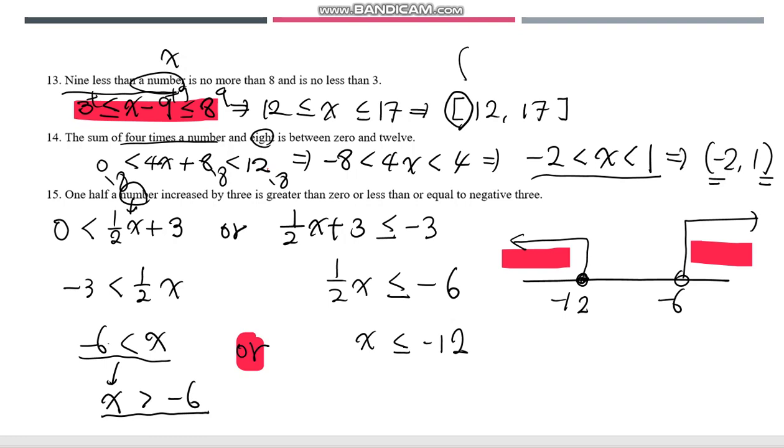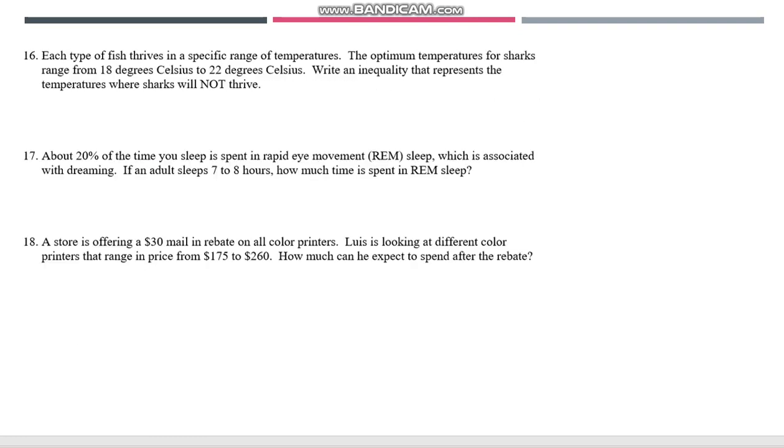All right. Now, last 3 problems are word problems. So these might be a bit hard, but you just need to read it carefully. Okay. Let's read together. Each type of fish thrives in a specific range of temperatures.